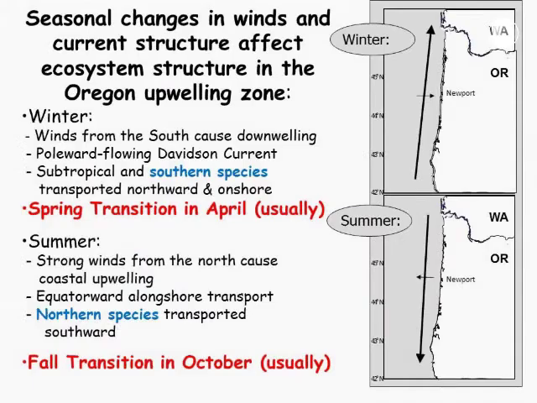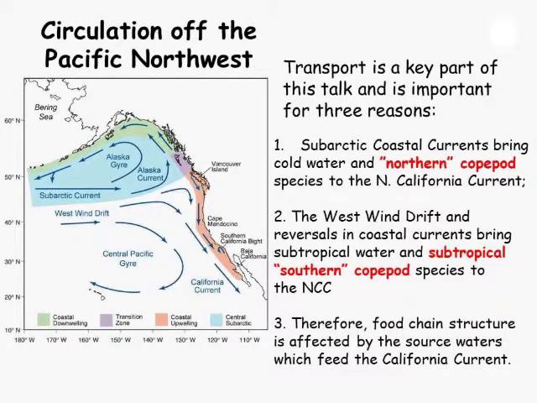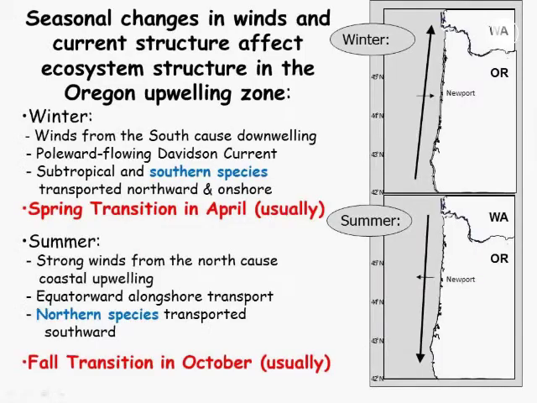Now there are seasonal changes in these coastal currents. These things actually change direction with the season. So in wintertime, the currents are actually coming out of the south, and that brings southern species up to the coast of Northern California and Oregon and Washington.